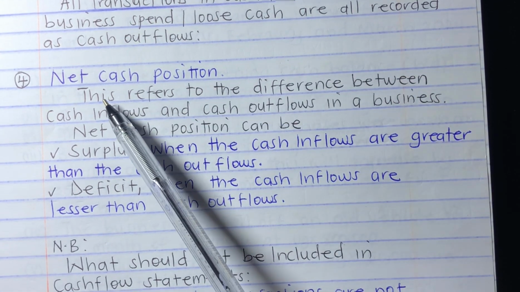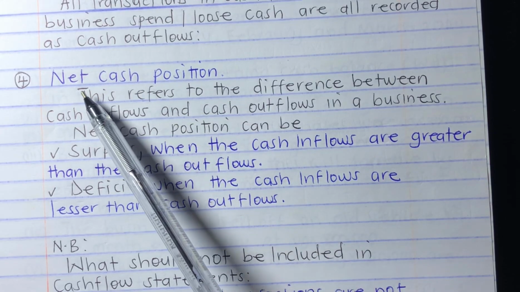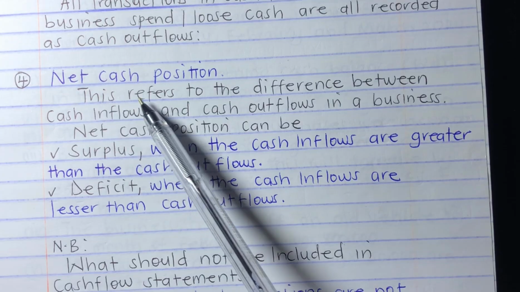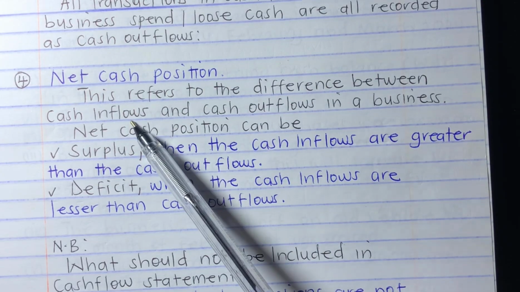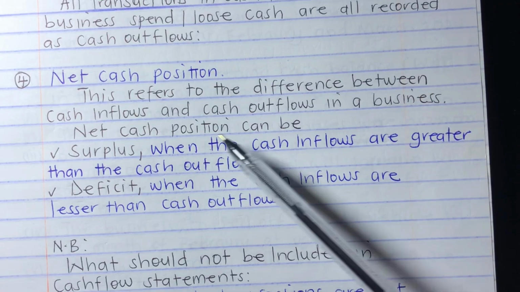Then the very last component of a cash flow statement is what we call the net cash position. The net cash position just means the difference between the cash inflows and the cash outflows of a business. Let me give an example.